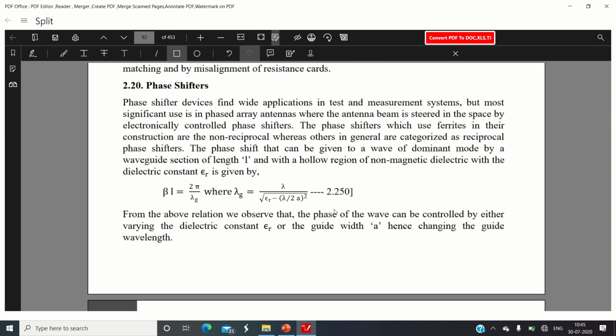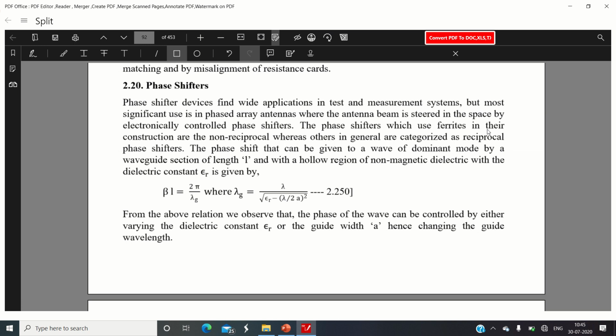Now the next type of passive waveguide based device is the phase shifters. Phase shifters are again very important devices. You may ask where we use a phase shifter. Phase shifter devices find very wide application in test and measurement systems.